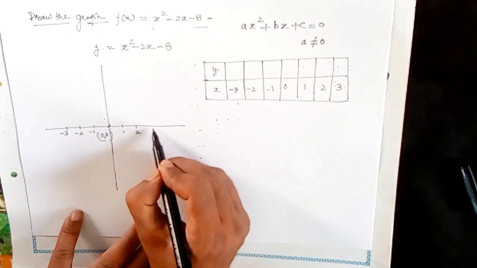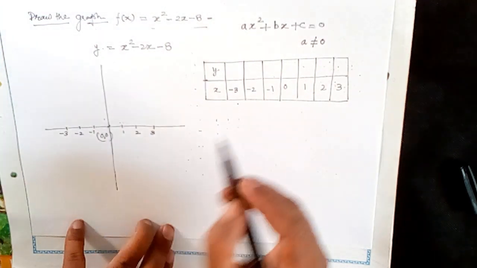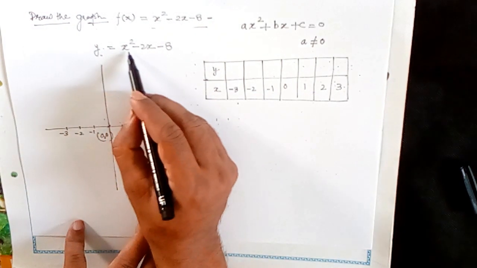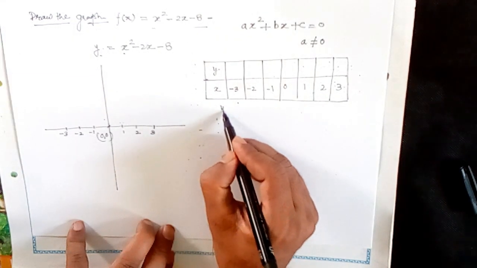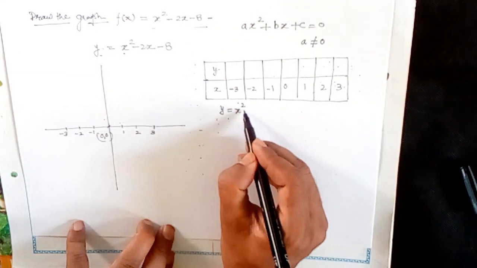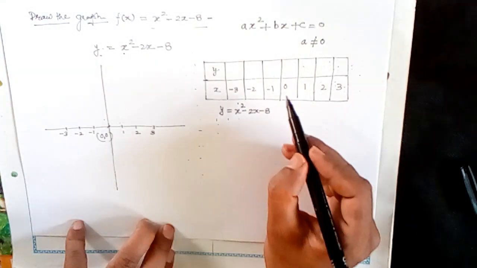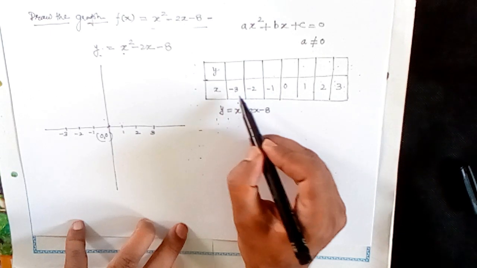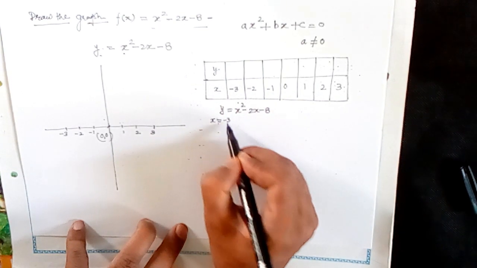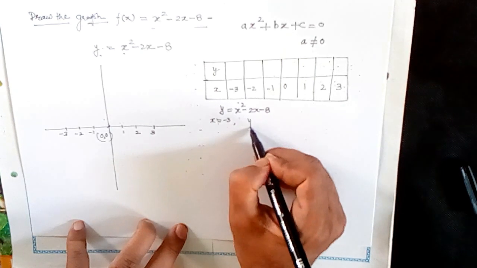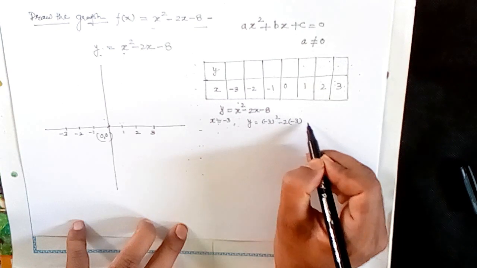Okay, now we will determine the value of y. Y depends on x. X is the independent variable here. So first of all we write x square minus 2x minus 8. Simply we have to start with x equal to -3. If you take x as -3, let's see what we get. y is equal to (-3) square minus 2 into -3 minus 8.